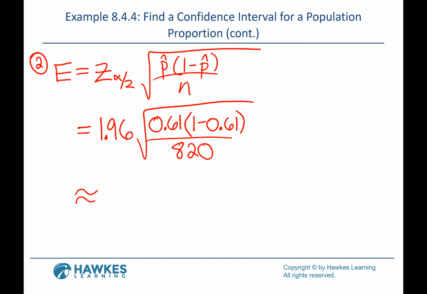On this one, let's see, so 0.61 times 1 minus 0.61 divided by 820, I get 0.00029 something. Okay, take the square root of that times 1.96. Get our margin of error and out to 6 decimal places, I got 0.033385.